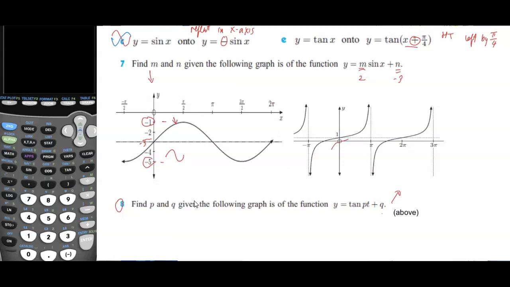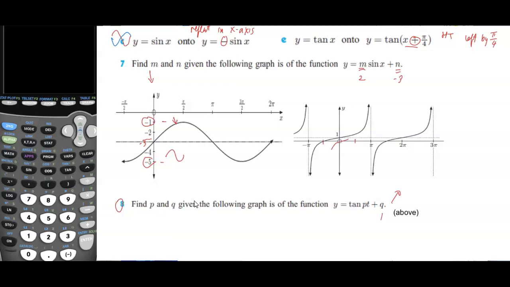So vertically translated 1 unit, so that means q is going to be 1. And we can see that normally the tangent function has asymptotes at negative pi over 2 and pi over 2. And in this particular case, the transformed function has a much wider interval between asymptotes, negative pi to pi, instead of negative pi over 2 to pi over 2.